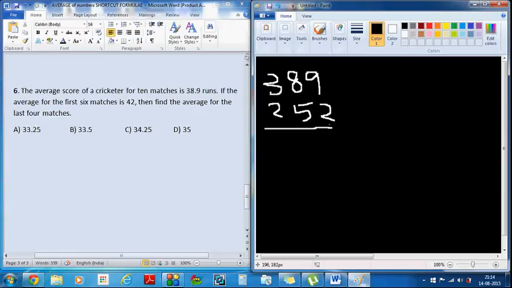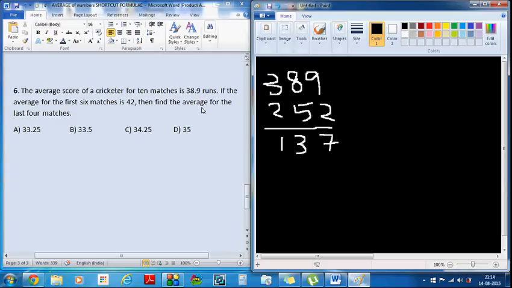So now we will subtract it. So it will be 137. Now for the average for the last 4 matches, the total score is 137 and the number of matches is 4.